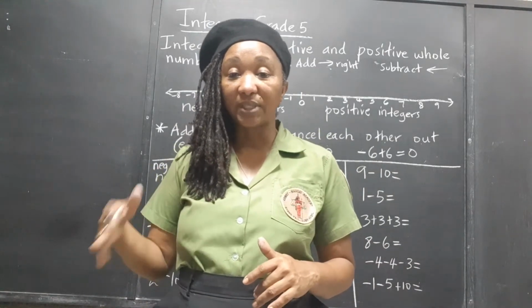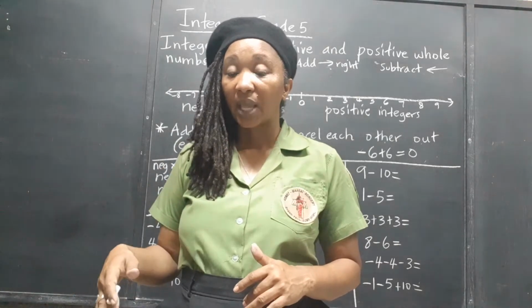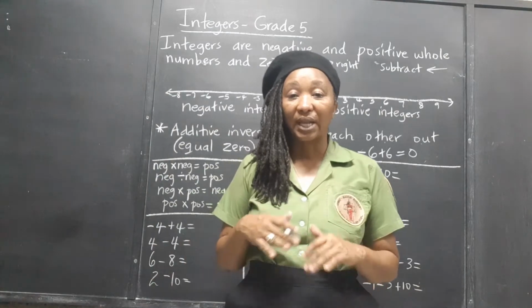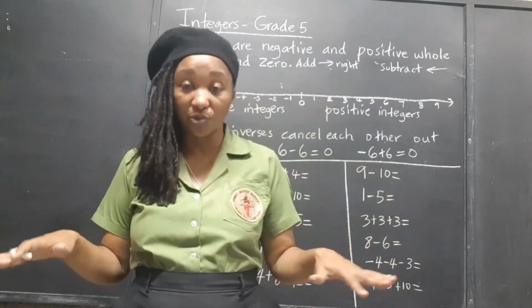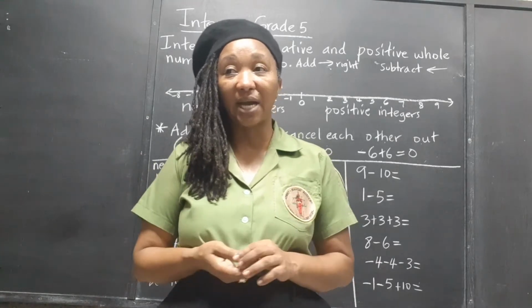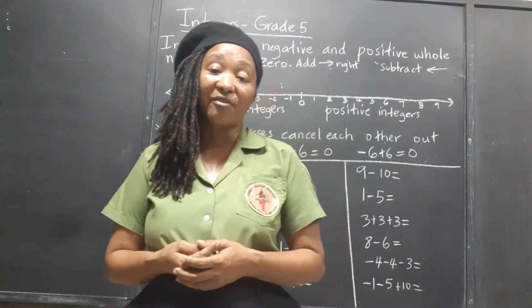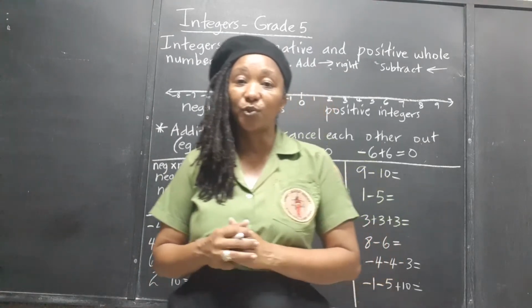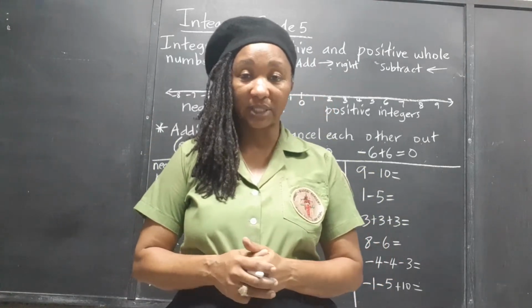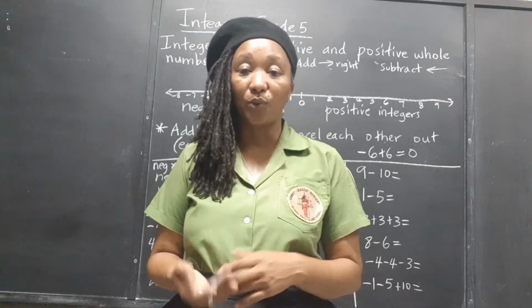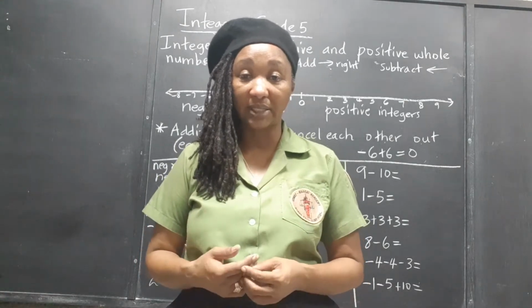Once we're losing, we're taking away, and we can get to the point of 0 and still be taking away. So for example, another example, if you have money in your account, let's say you have $20 in your bank account, and you go to the ATM and you withdraw some money, right?